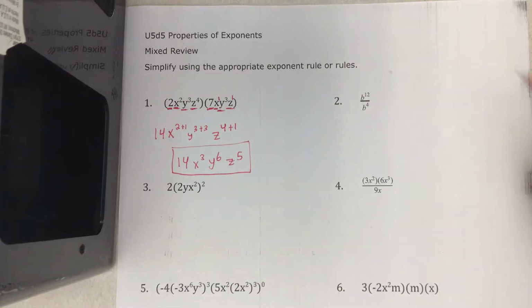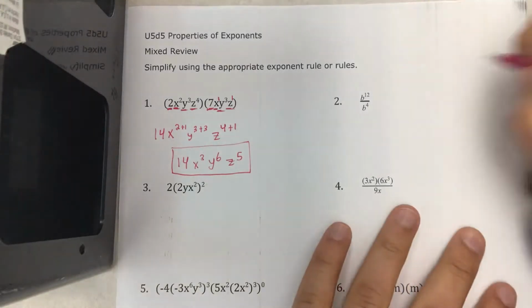Number 2, I have b to the 12th over b to the 4th, okay? So this one is the quotient rule. So remember quotient, division, okay? So the quotient rule tells me if I have two variables or two terms that have the same base and we're dividing them, we can subtract their exponents.